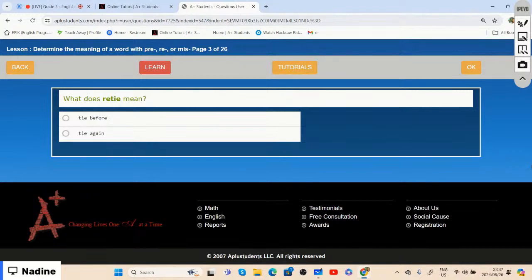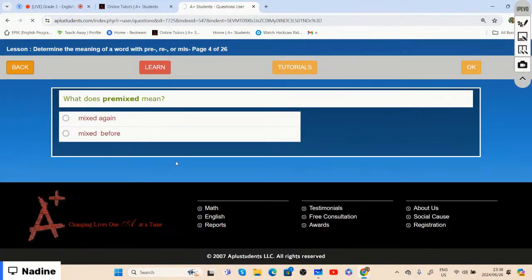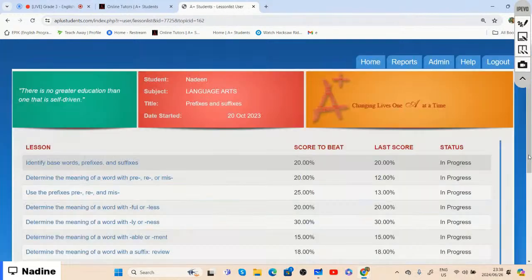All right, and to retie means to tie something again. Well done.